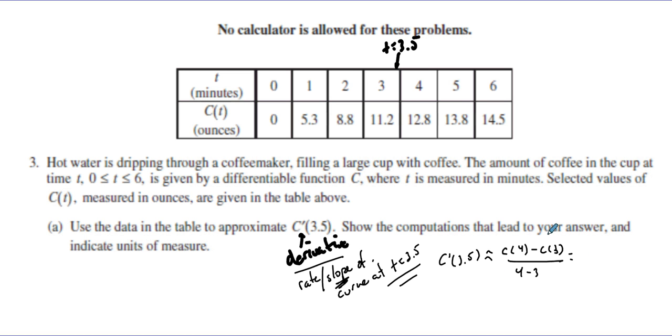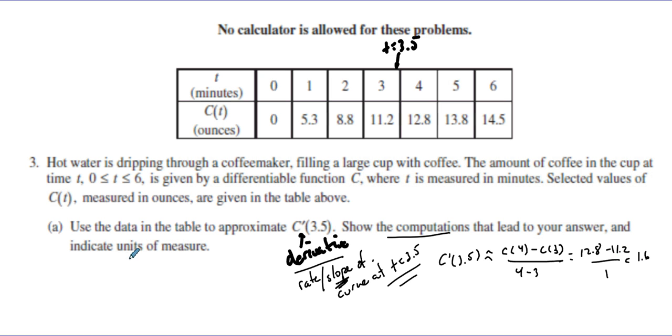Now we're going to show our computation and plug in our values. So now we have 12.8 minus 11.2, divided by 1. Then we simplify this a little bit more, and what we have is going to equal 1.6.